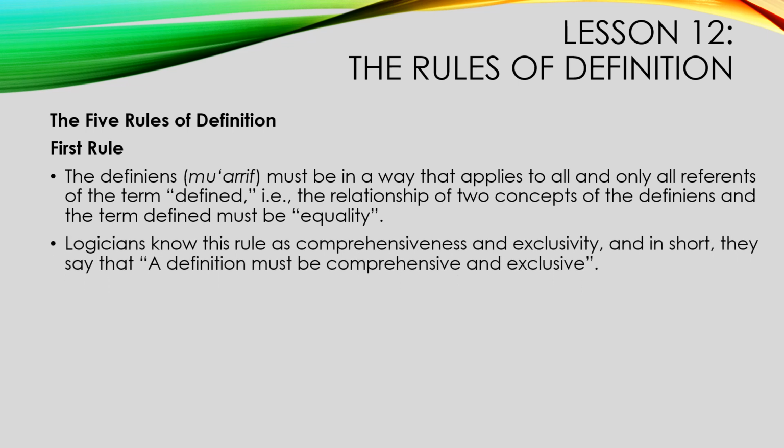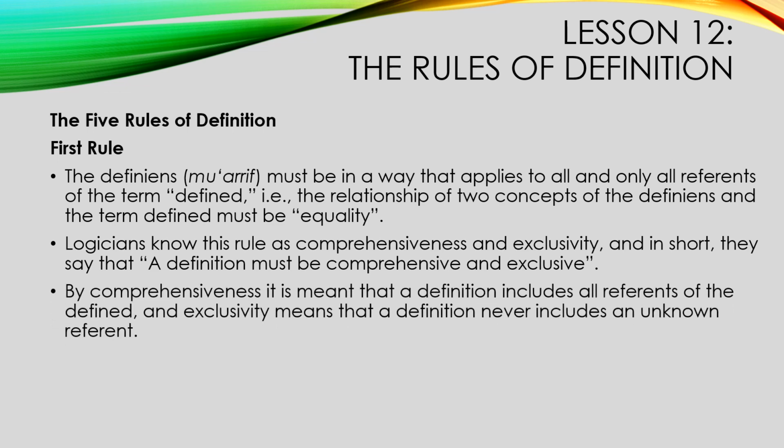Logicians know this rule as comprehensiveness and exclusiveness, and in short, they say that a definition must be comprehensive and exclusive. By comprehensiveness, it is meant that a definition includes all referents of the defined, and exclusivity means that a definition never includes an unknown referent.